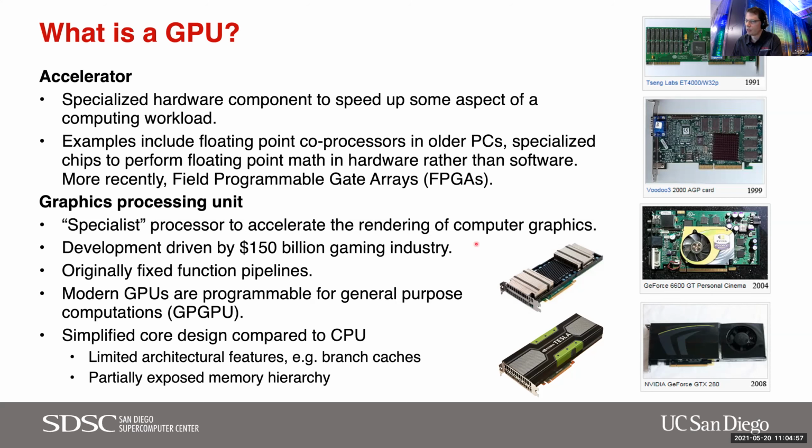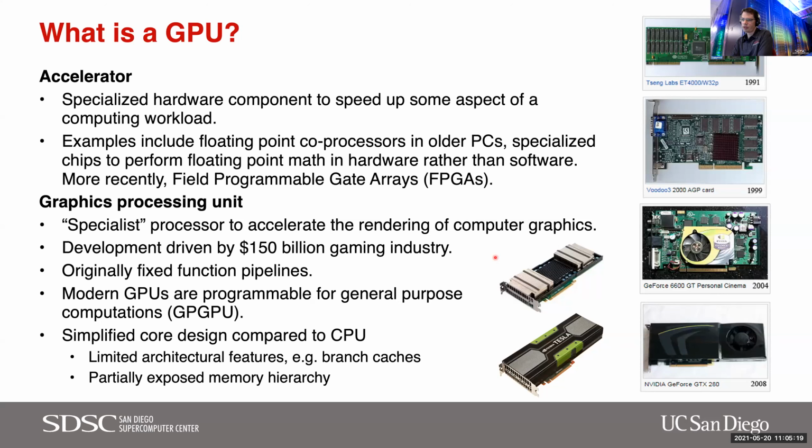But the important piece here about the graphics processing units is that it's been driven by a massive investment in the gaming industry, which is approximately $150 billion per year. I think it's 180 billion last year. So there's a lot of money, and that goes into development of these GPUs.